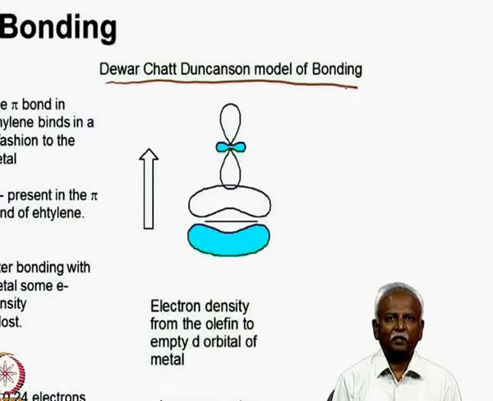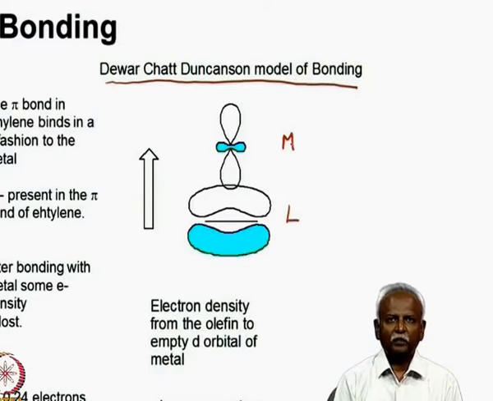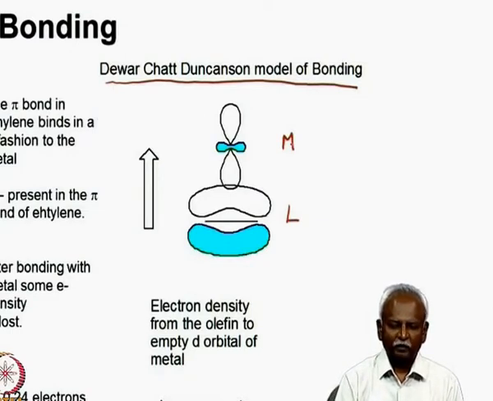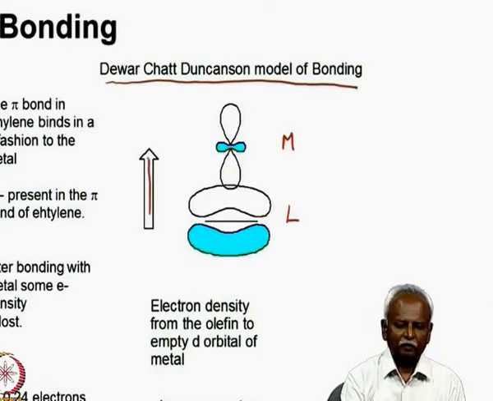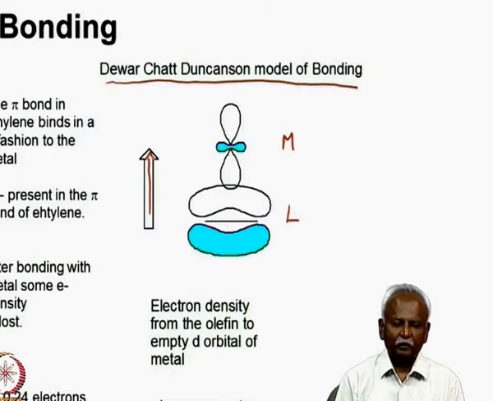So, the primary interaction in this mode of bonding is the donation of electron density from the ligand. So, this is the ligand that we are talking about, and here is the metal, and usually the ligand donates electron density to the metal, and we have pictured that here. It is giving electron density to the metal from the filled pi orbitals of the olefin.